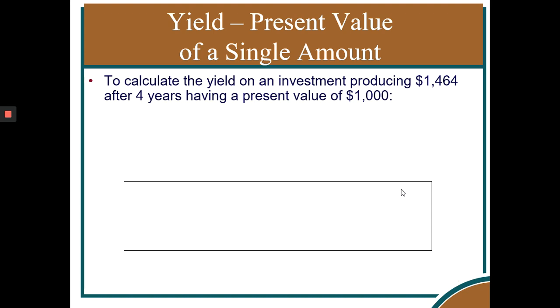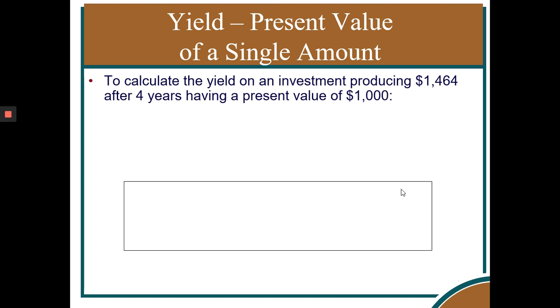All right, so let's calculate the yield. Let's look at the example here. To calculate the yield on an investment producing 1,464 after 4 years, having a present value of 1,000. In a question, if you're doing a present value question, you need to know the present value, you need to know the N, you need to know the I, and you need to know the future value as well.